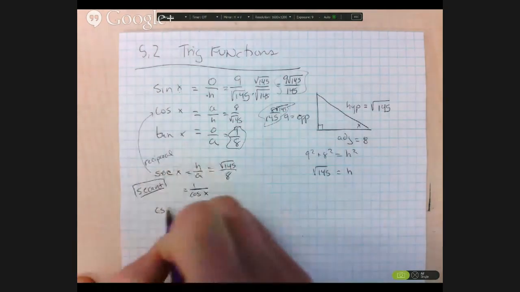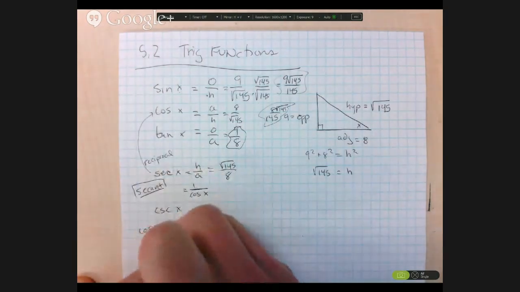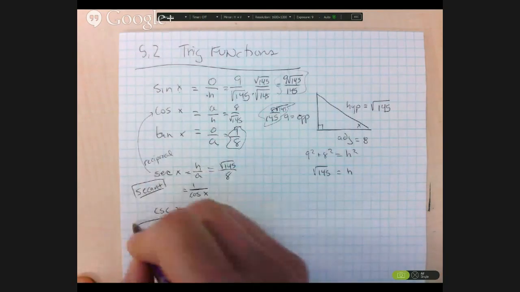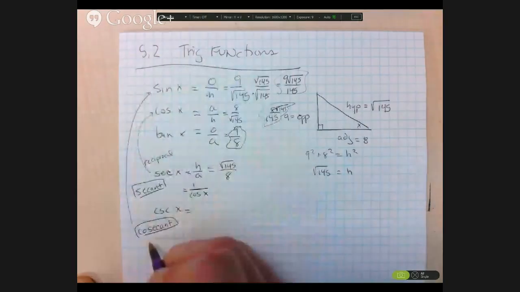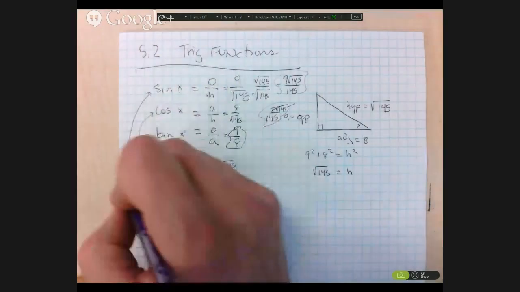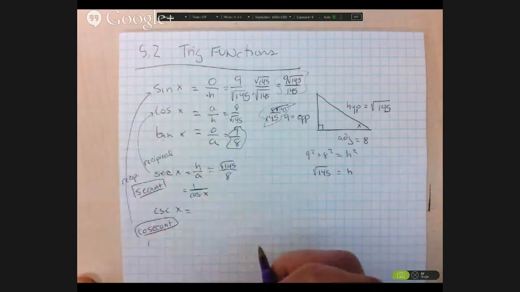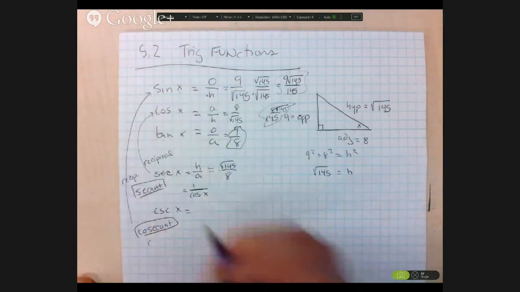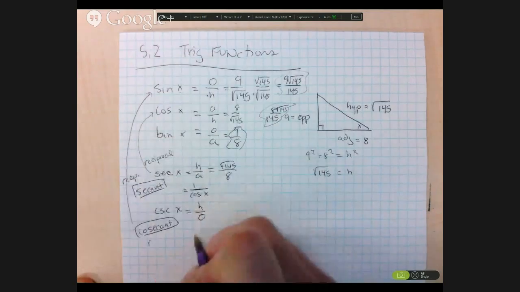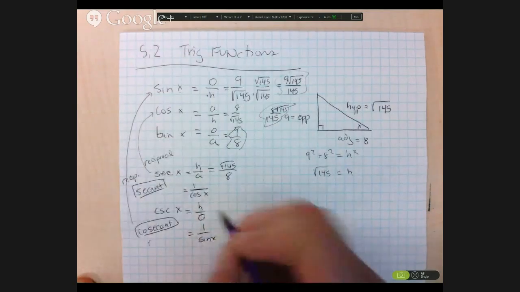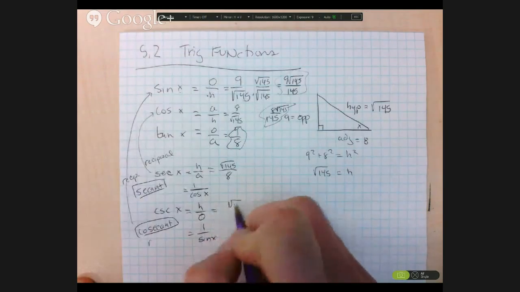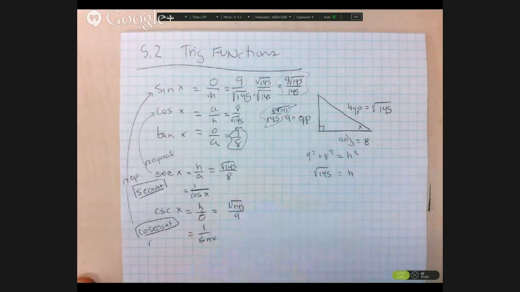Okay, this is cosecant, and it is the reciprocal of sine. So it is what? Or 1 over sine. And we get 145 over 9 here, right?